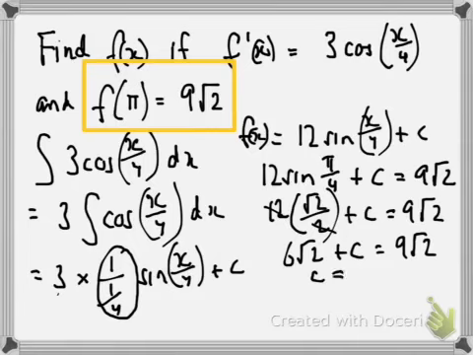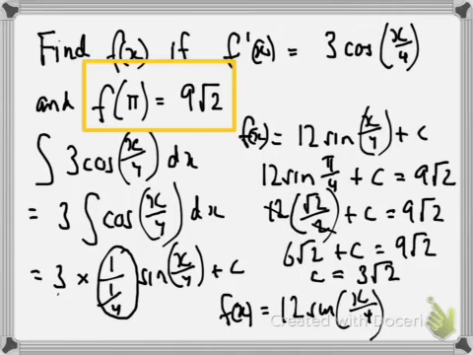Therefore c equals 9 root 2 minus 6 root 2, which is 3 root 2. So what's our equation? We've now found our value for c. f of x equals 12 sine x over 4 plus 3 root 2, and we've got our answer.